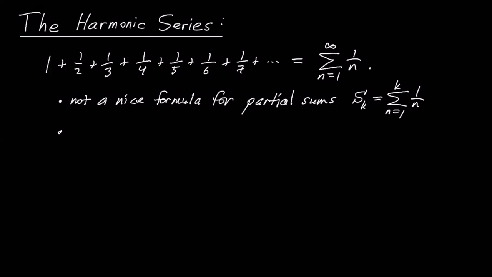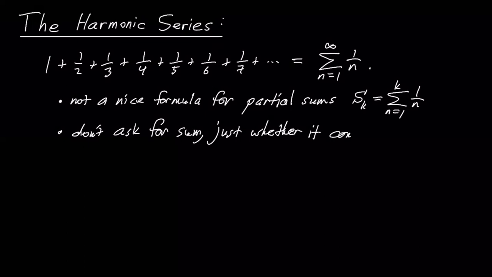So don't ask for the sum, just whether it converges or diverges. And this is going to be true for a lot of series that we look at, especially over the next few sections.